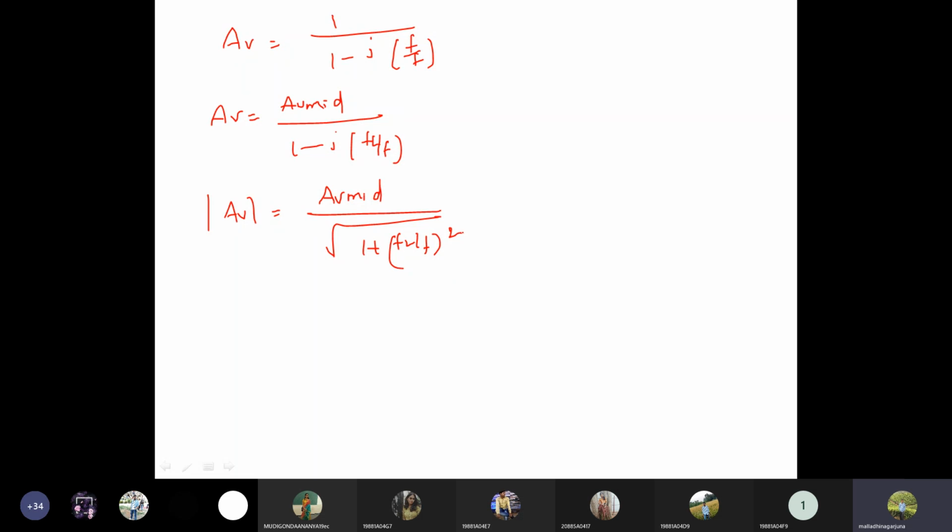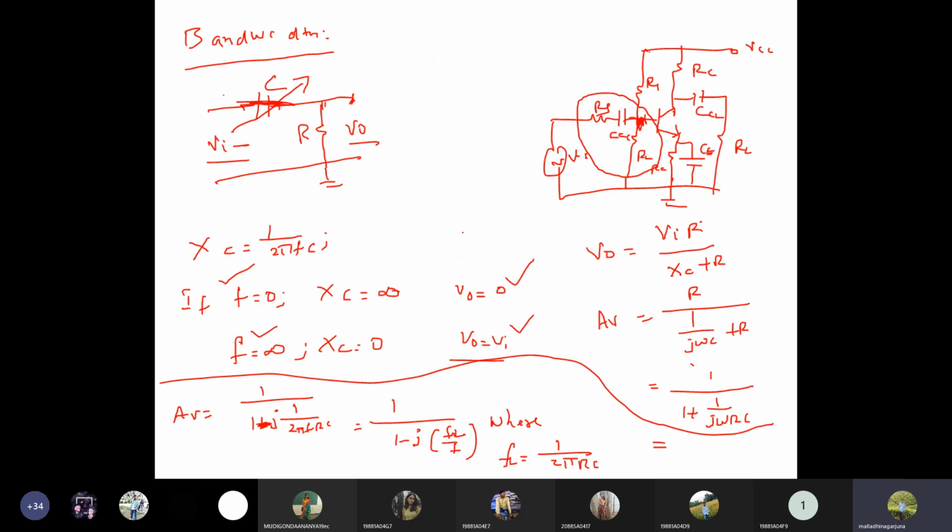For the low pass filter, you have to take the upper cutoff frequency FH. Same procedure. For the low pass filter, just interchange the position of the capacitor and resistor.